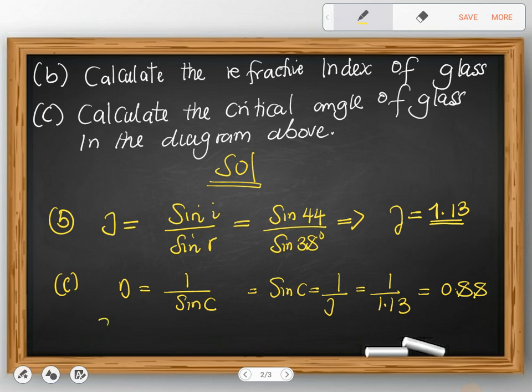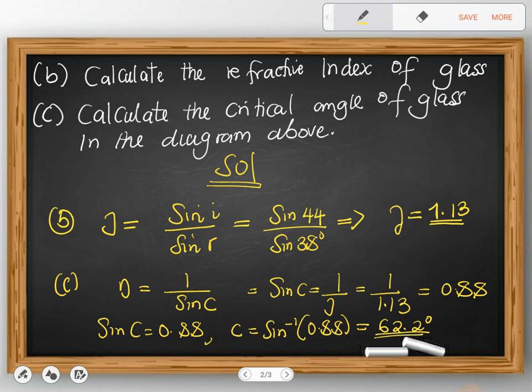So sine C is equal to 0.88. Then C, the critical angle, is equal to sine inverse of 0.88. What are we getting as C? I'm getting 62.2 degrees. This is my critical angle.